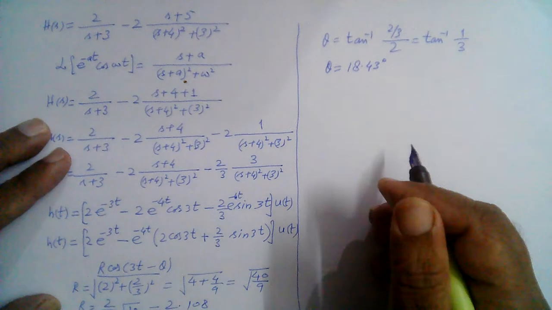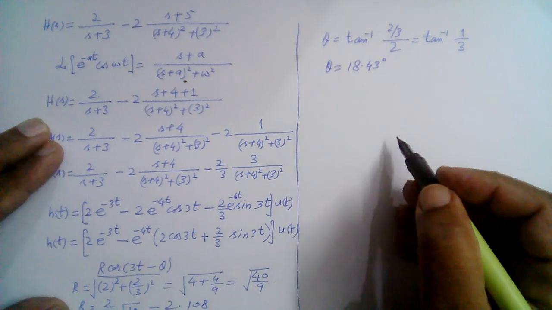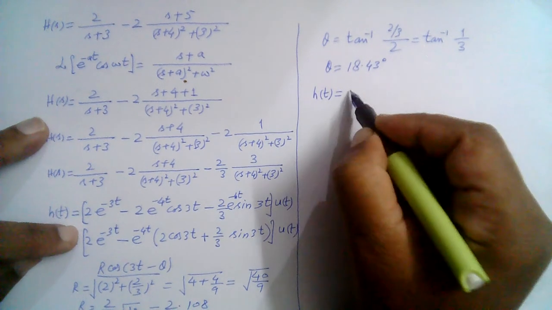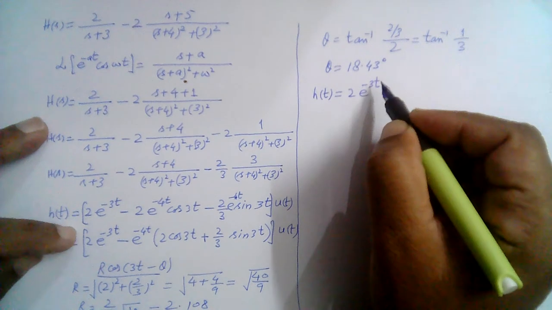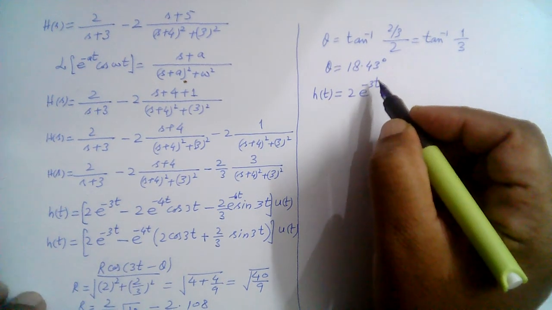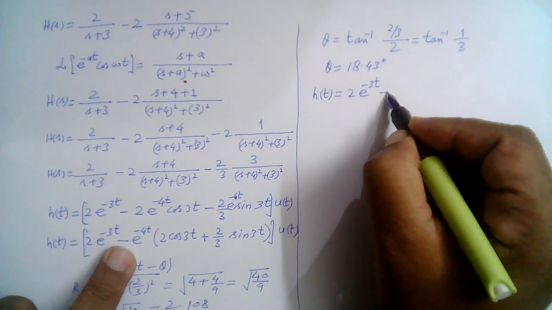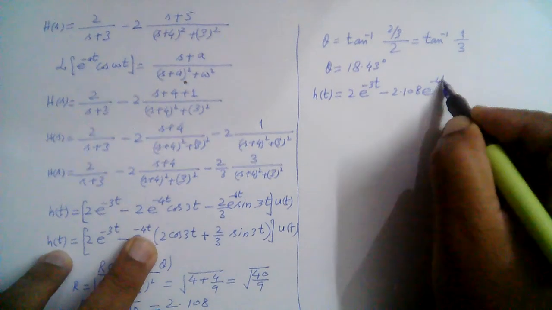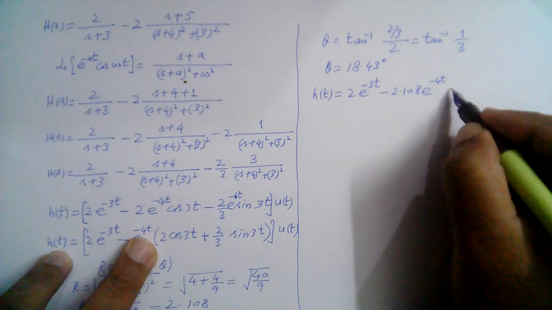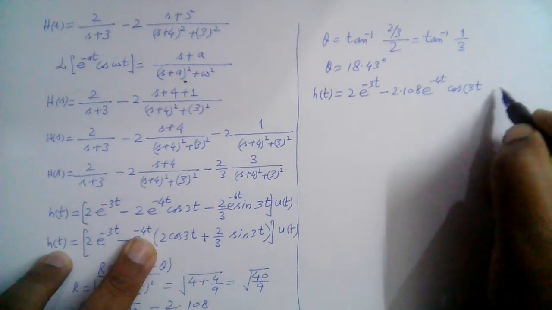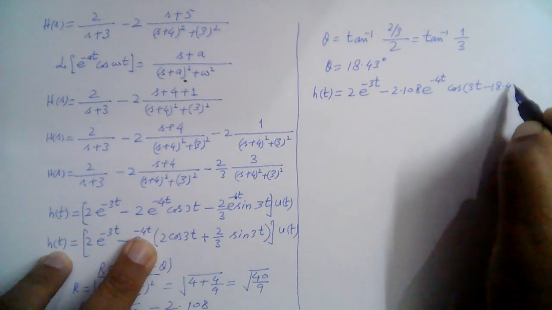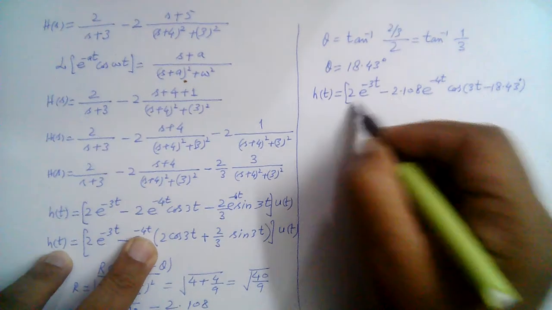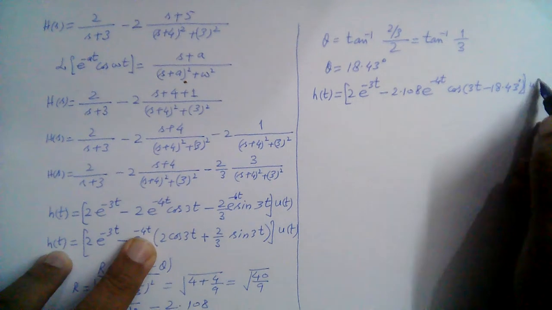So we can write it h of t is equal to 2 e raised power minus 3t, and we can write here minus 2.108 e raised power minus 4t, right, and cos 3t minus 18.43 degrees, and we enclose this term here with u of t, right?